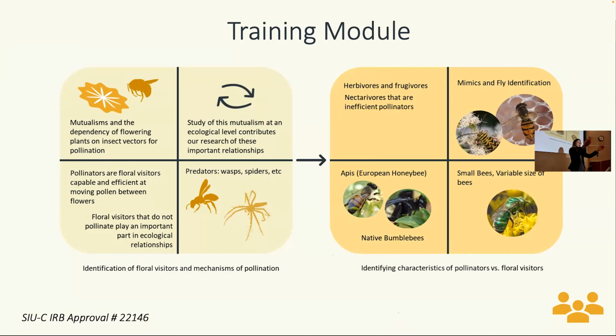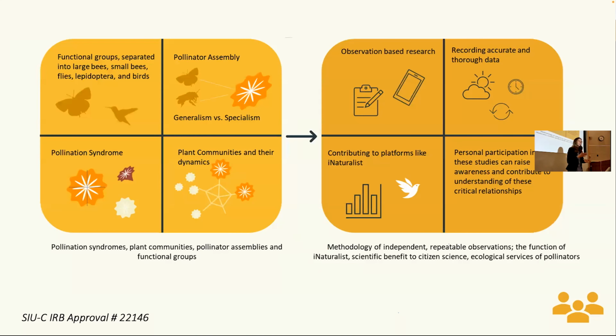We then moved on to how students could identify floral visitors versus pollinators. And we talked about how they could identify those floral visitors and pollinators. We then moved into more complex topics, such as pollinator assembly and pollinator syndromes and plant communities generally.